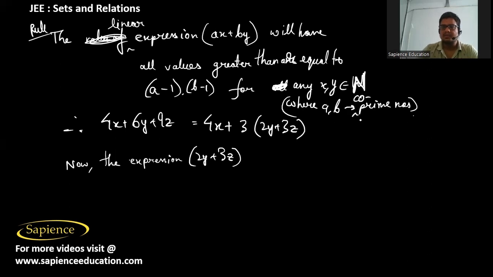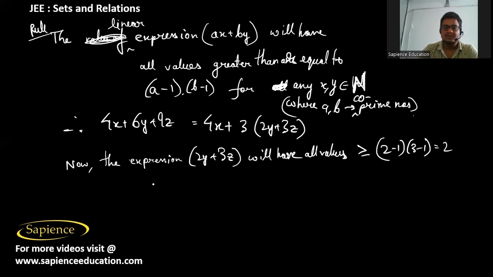Then the expression 2y plus 3z will have all values greater than or equal to 2 minus 1 into 3 minus 1, which is equal to 2. So its value will be more than or equal to 2.